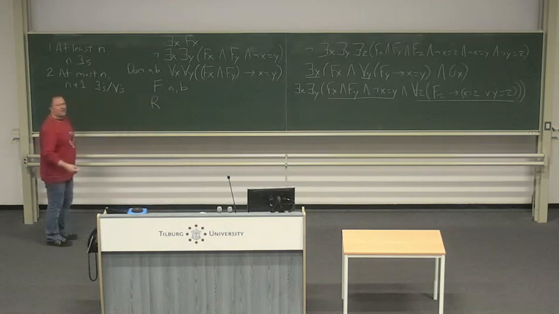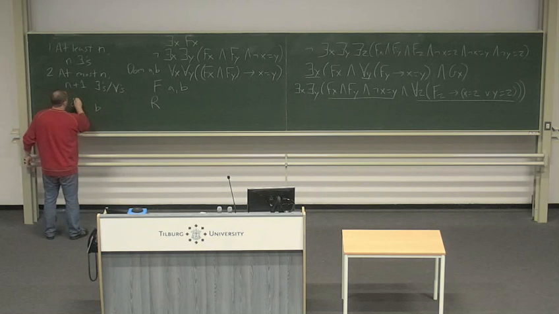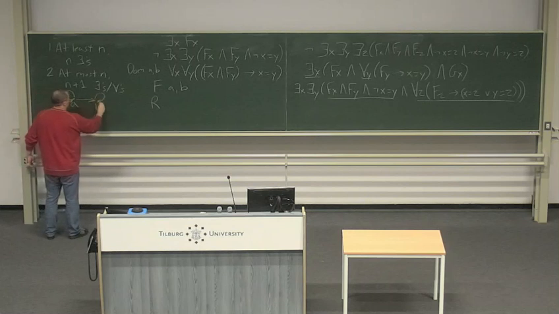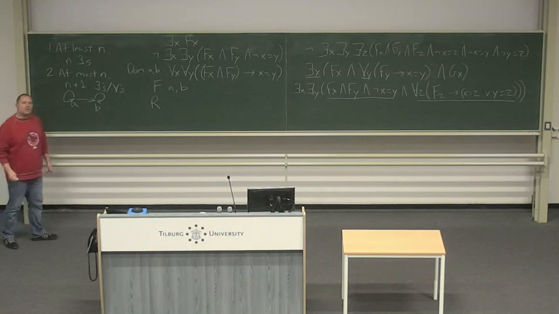So for example, here, I'll do a diagrammatic interpretation and then we'll turn it into one of these. Suppose we have A and B. And these are our three relations.